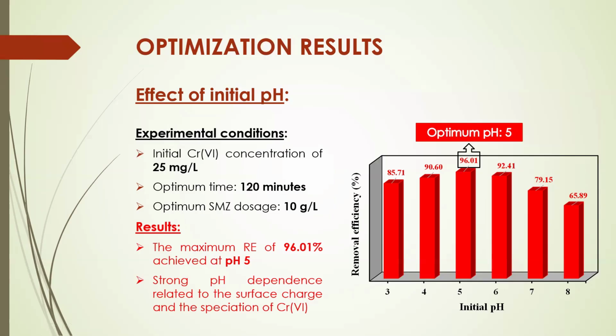At acidic pH around 5, the surfactant-coated zeolite surface maintains a strong positive charge, and the dominant chromium species is the monovalent chromate ion. This creates maximum electrostatic attraction. As pH increases, hydroxide ions compete for binding sites, the surface becomes less positive, and the dominant chromium species shifts to the divalent chromate form, which is repelled by the increasingly neutral surface, hence the dramatic efficiency loss at higher pH.